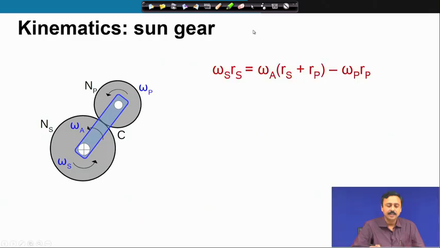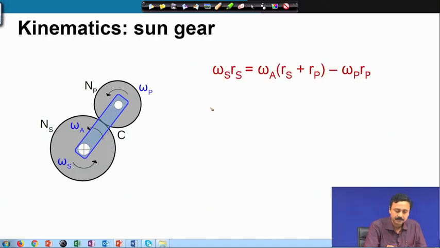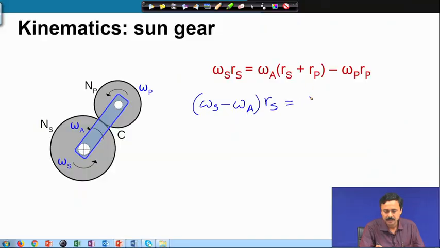Now, if you simplify this expression, you can write this as omega s minus omega a times r s is equal to minus of omega p minus omega a times r p.